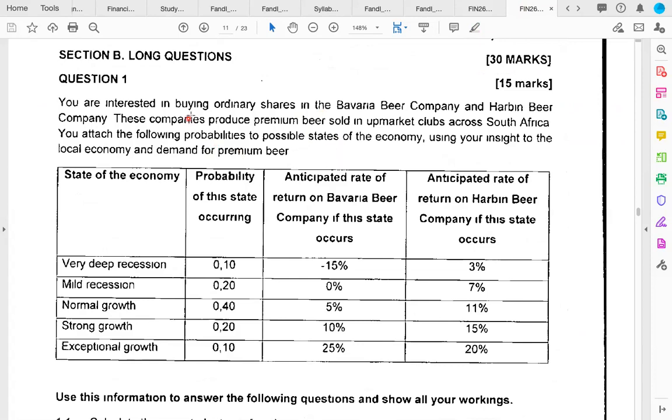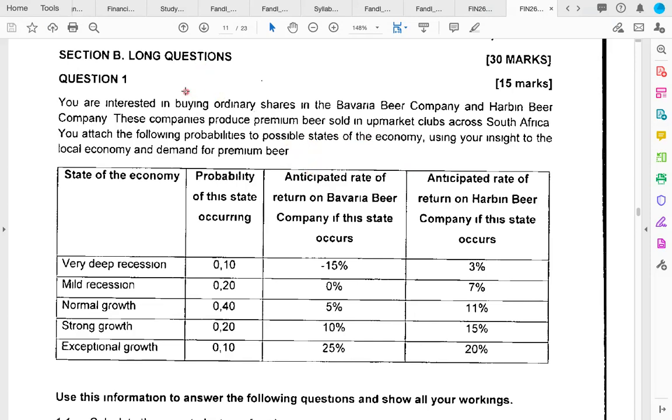Okay, so you are interested in buying ordinary shares in the Bavaria Beer Company and Harbin Beer Company. These companies produce premium beer sold in upmarket clubs across South Africa. You attach the following probabilities to possible states of the economy using your insights to the local economy and demand for premium beer.